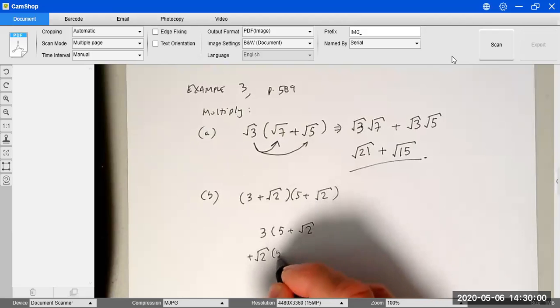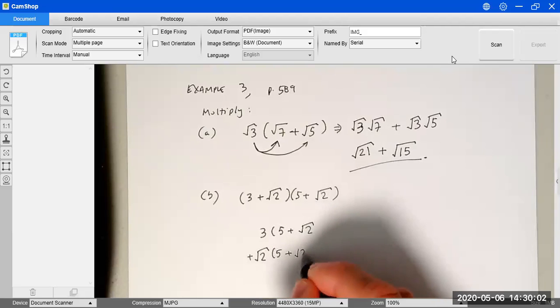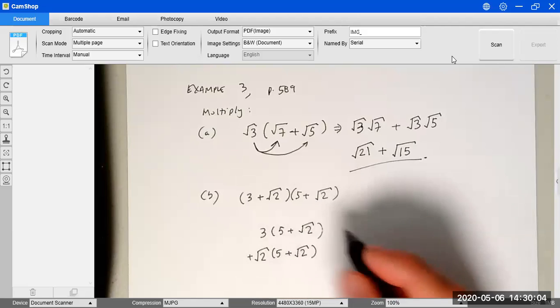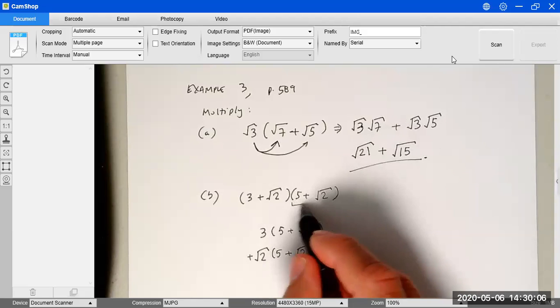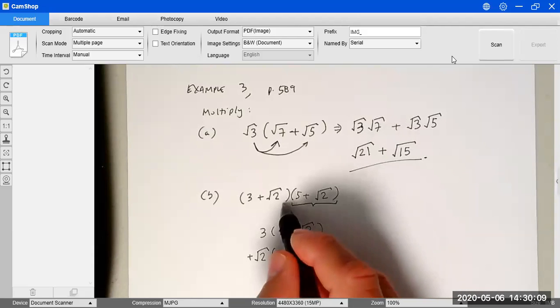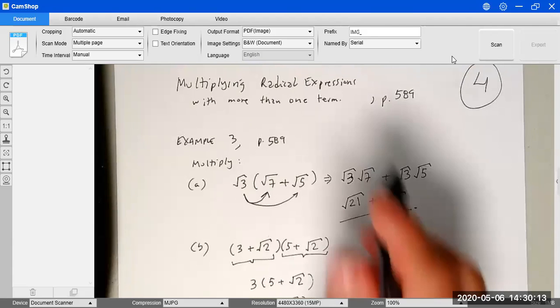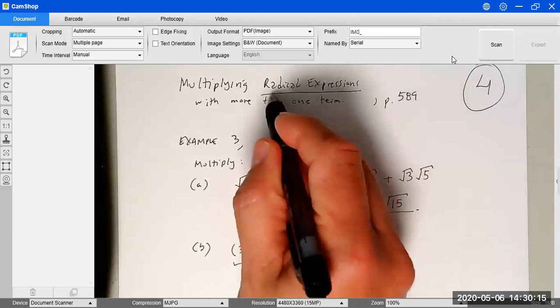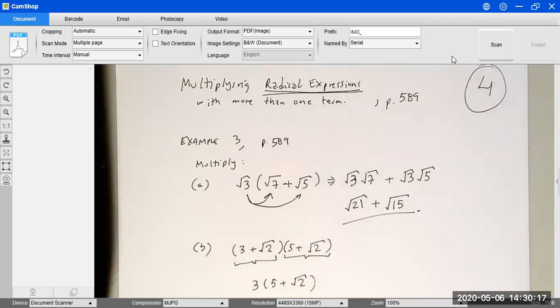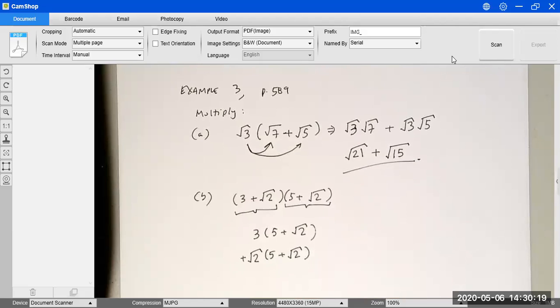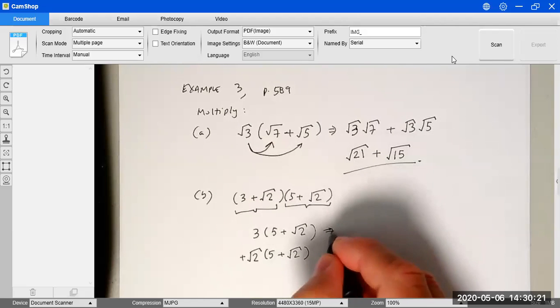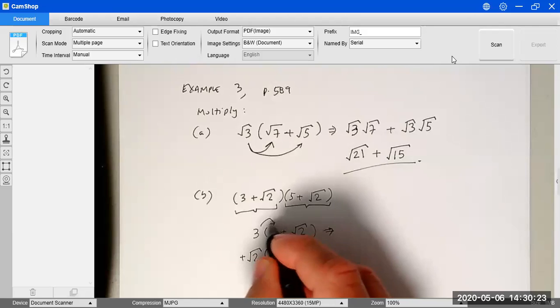So I'm going to multiply by 5 plus radical 2. So remember, this is a radical expression and this is another radical expression. So we're multiplying radical expressions. So let's do this work. So I'm going to apply again the distributive property here.